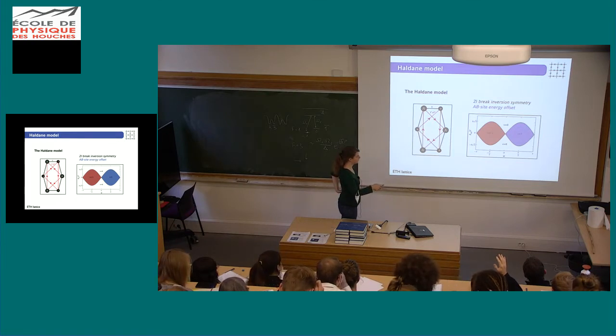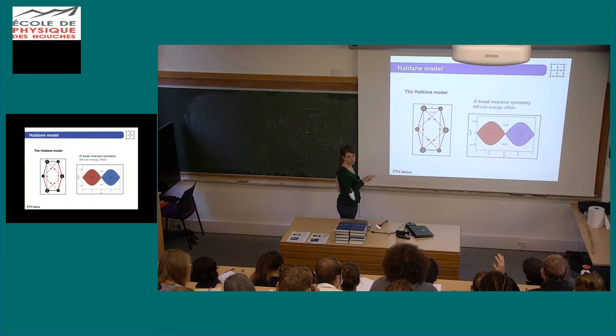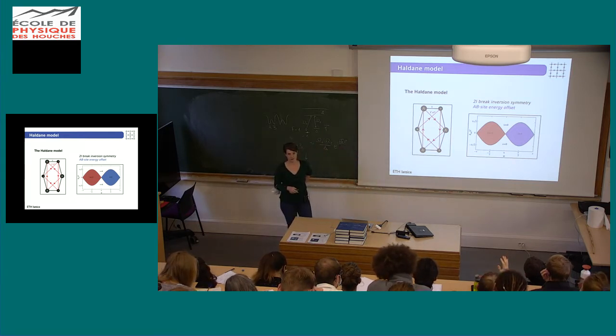Now, if we move along this line, it means we open up a gap by applying the sublattice energy offset delta AB. It opens up a gap, but the Chern number of the band is still 0. If you go along this line, you apply the circular shaking, you apply complex next nearest neighbor hopping, it also opens up a gap. And now you find that the Chern number of the lowest band is either plus or minus 1, and then the excited band has the opposite Chern number.